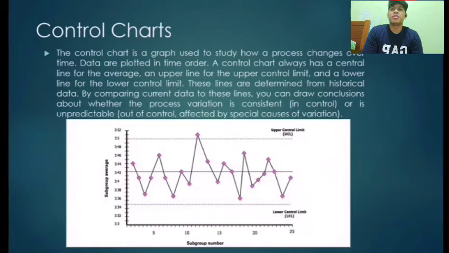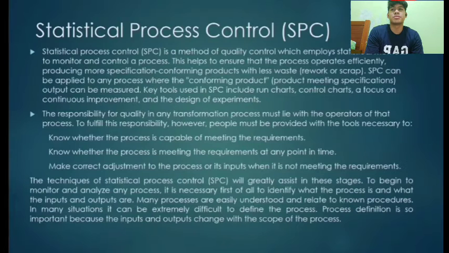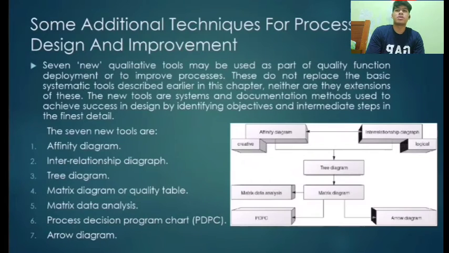So we have 7 new qualitative tools that may be used as a part of quality function deployment or to improve processes. So the 7 new tools are affinity diagram, interrelationship diagram, tree diagram, matrix diagram, matrix data analysis, process decision program chart or PDPC, and the arrow diagram.